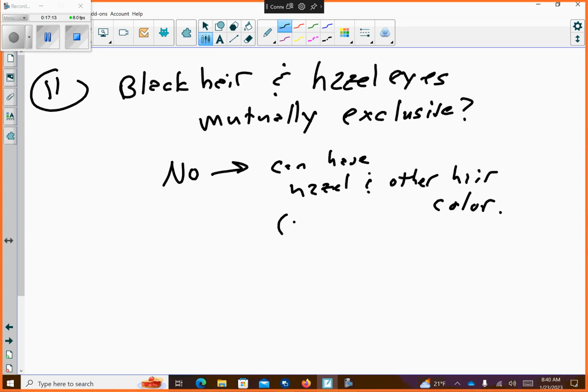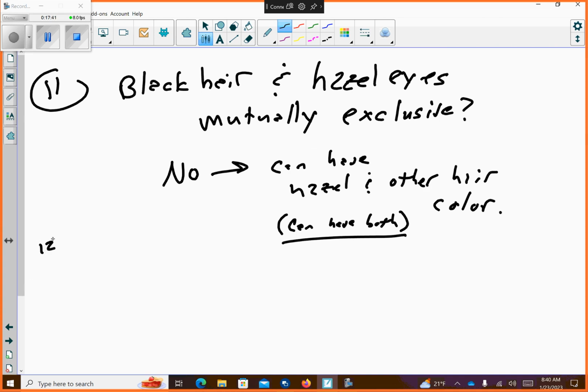A person can have both. So being that there's an overlap, we can say they're not mutually exclusive because they can have that combination, but they can have some other combination of either black hair or hazel eyes. So they're not mutually exclusive events of each other.